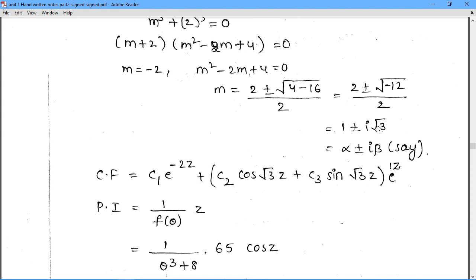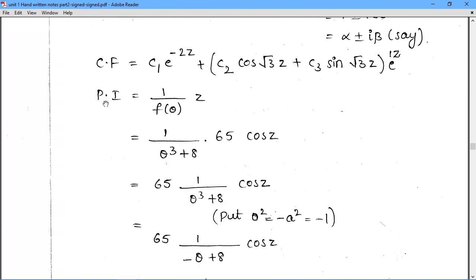Alpha is 1 and beta is root 3. So it will be the complementary function. While writing the complementary function, many students make a mistake, writing small x here. Don't write small x here. We have to use z as the independent variable.